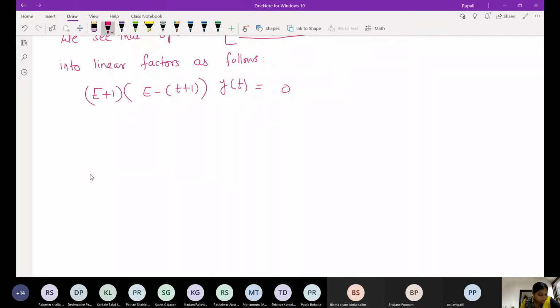Now you can see this E plus 1, we can consider the first order equation first. Consider E plus 1 operated on v of t is equal to 0.